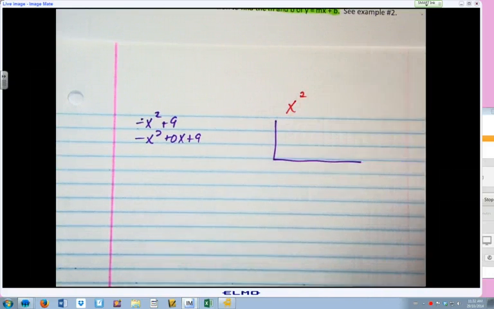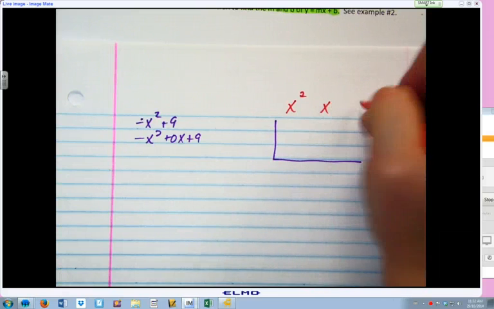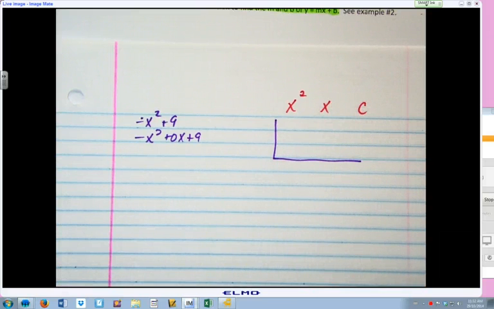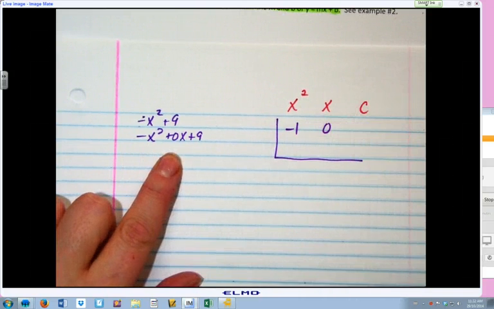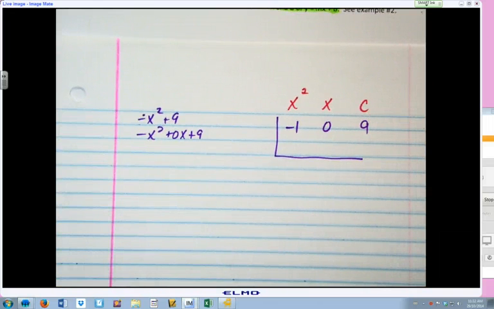Highest exponent's going to go first, followed by the next highest exponent, followed by the constant. And if you don't remember c, then write the word constant. So I'm going to have a -1 in the first column, a 0 in the second column, and a 9 in the third column.